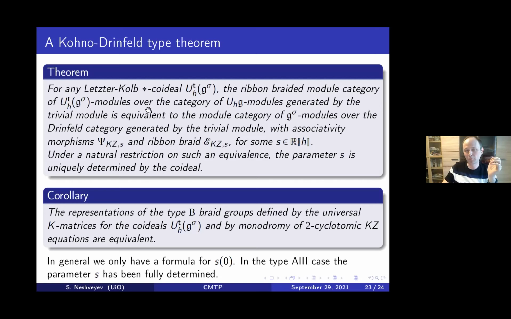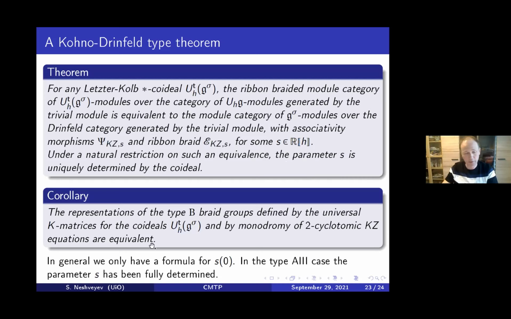So the equivalence of these categories goes as follows. You can first conjugate so that you really compare with G sigma, and then after this conjugation, you may require that your equivalence is trivial, so the identity one modulo H. And if you do that, then this parameter S will actually be uniquely determined.